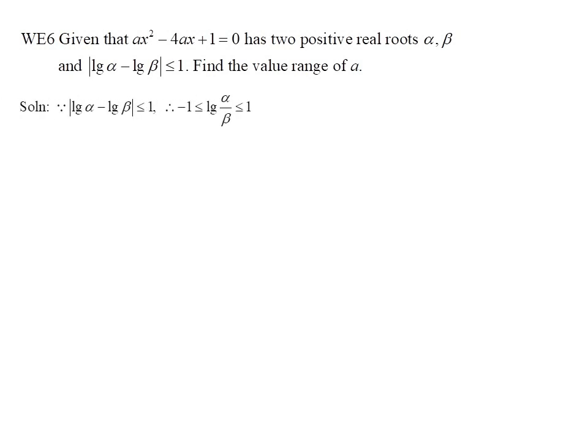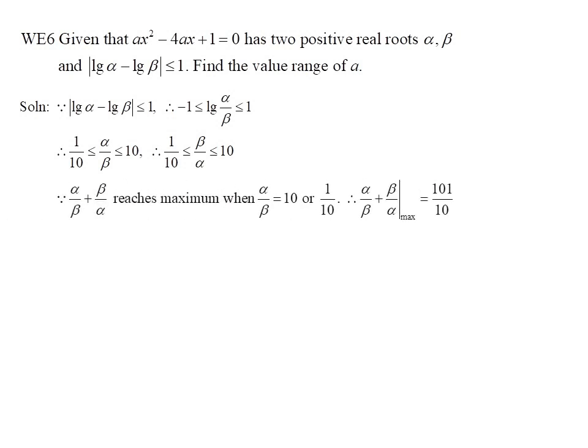Since the modulus of common logarithm of α minus common logarithm of β is less than or equal to 1, common logarithm of α over β is between -1 and 1, including both endpoints. Hence, both α over β and β over α are between 1 over 10 and 10.